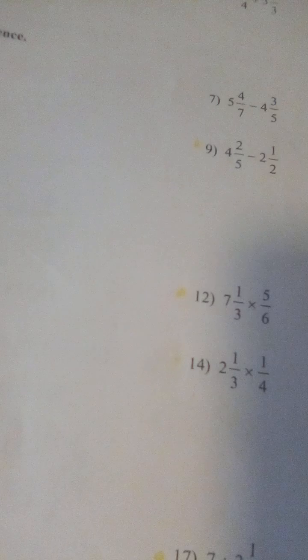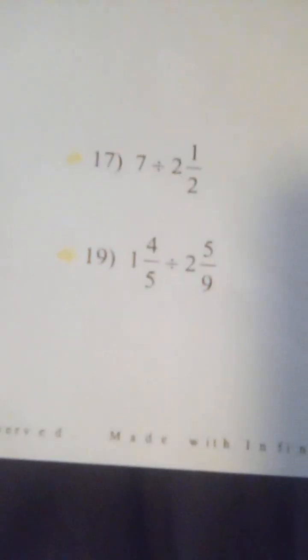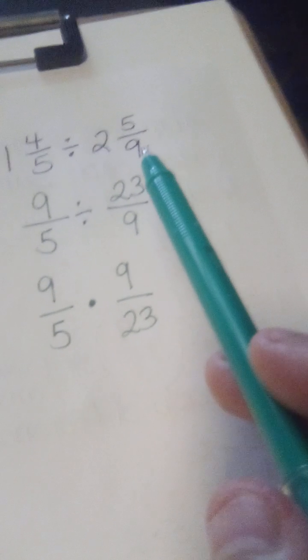The problem is 1 and 4/5, right? 2, 5, 9. Yeah, I got that right. You got 2 times 9 is 18, you got 23. I think they got the problem wrong.